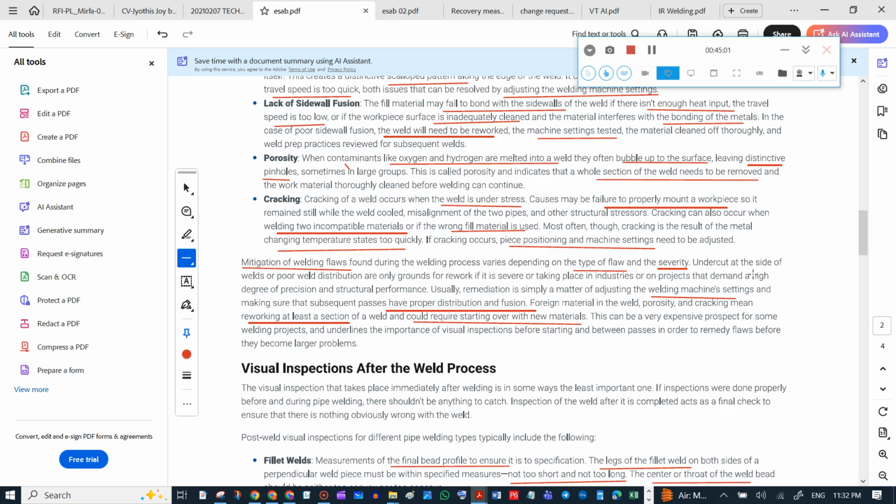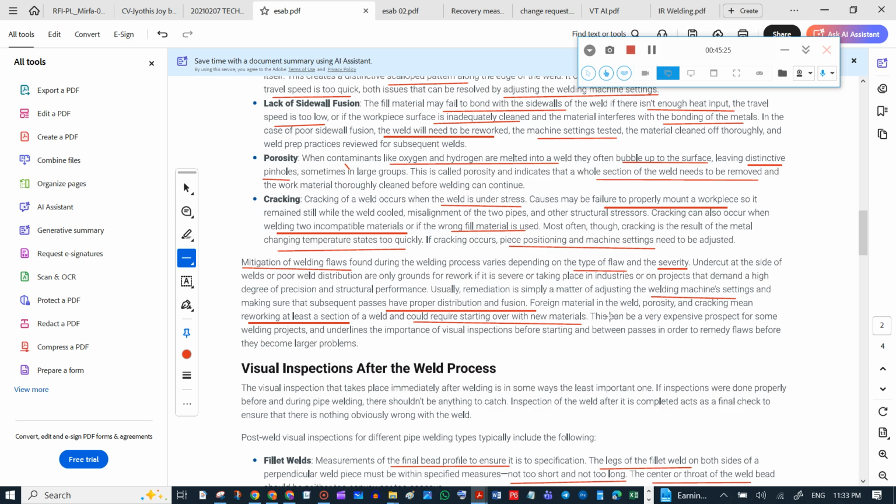Undercut at the side of the welds or poor weld distribution are only grounds for rework if severe. Usually, remediation is simply a matter of adjusting the welding machine settings and making sure subsequent passes have the proper distribution and fusion.